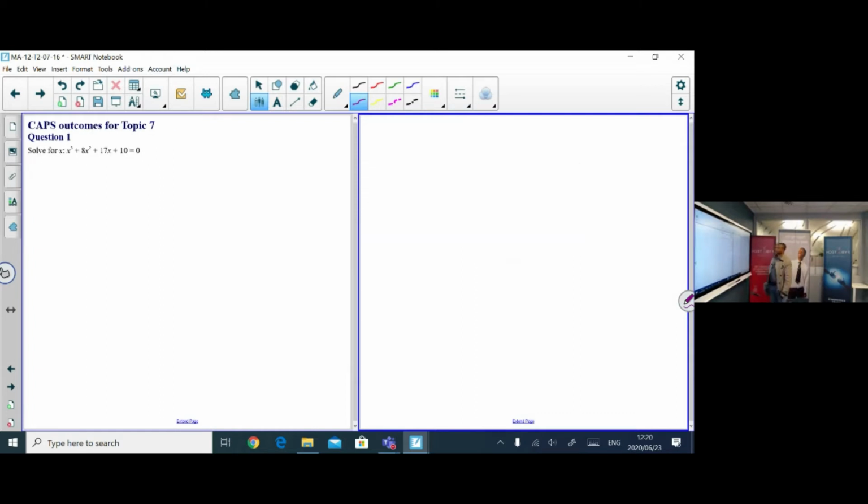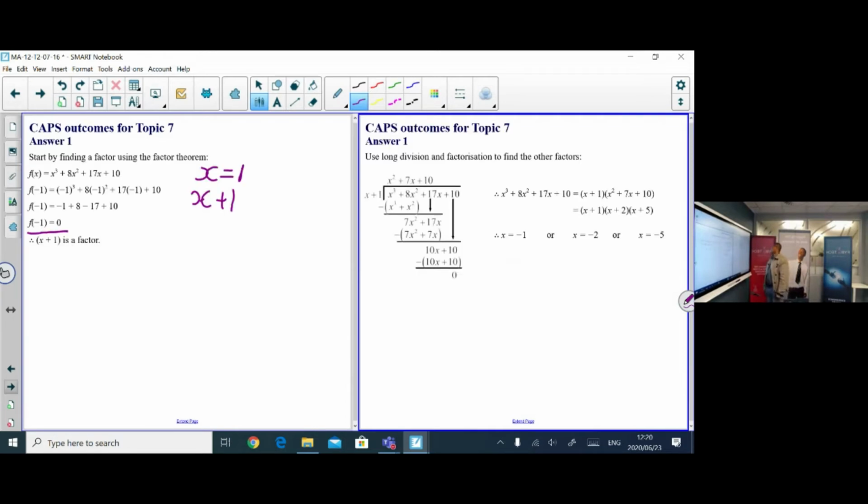So what I could do from there is, since I have the factor and the original expression, I can now use long division, which we talked about previously, to show that you can get your other factor or expression.